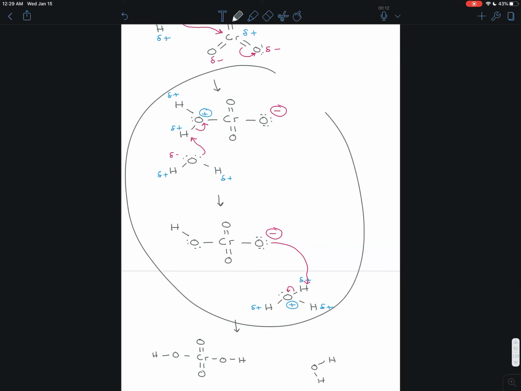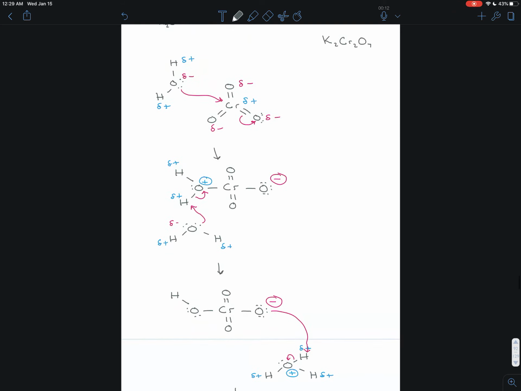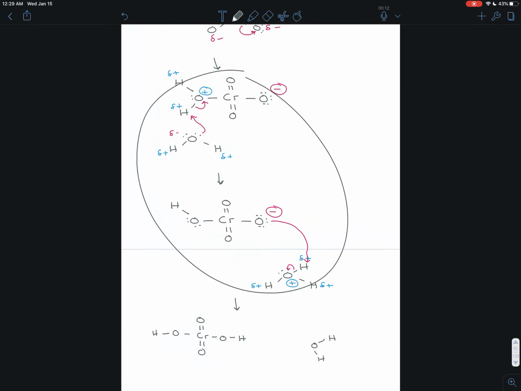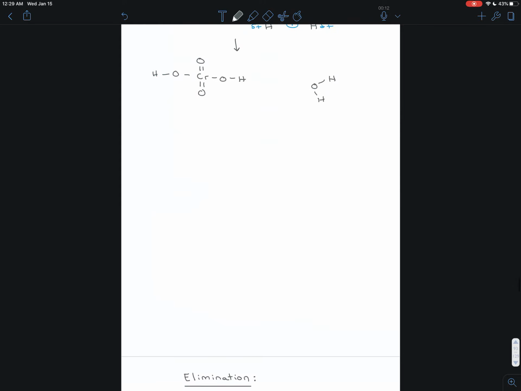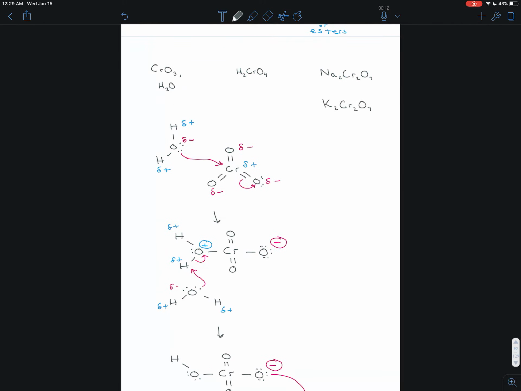But it takes time to write it out, and it looks complicated. But notice this is really a story of a nucleophilic attack and just a couple proton transfers to stabilize it. Okay, so we've built this connection between these two. Now let's build a connection with this and the sodium dichromate and potassium dichromate.